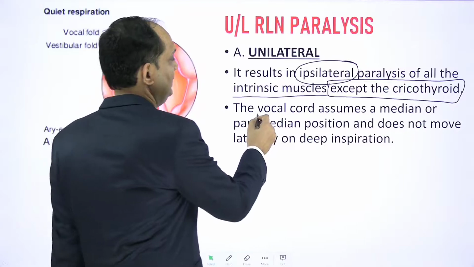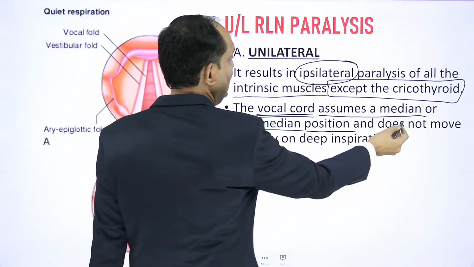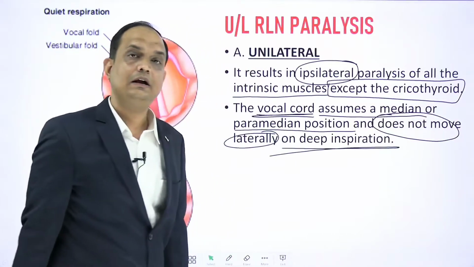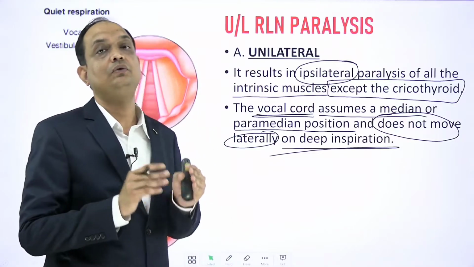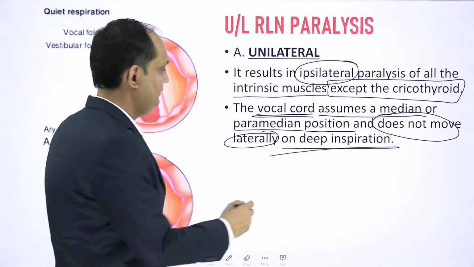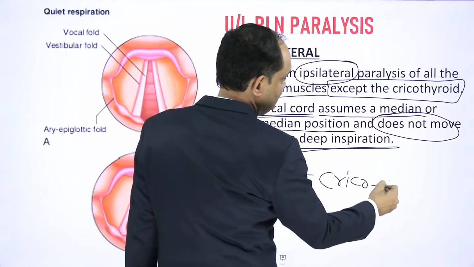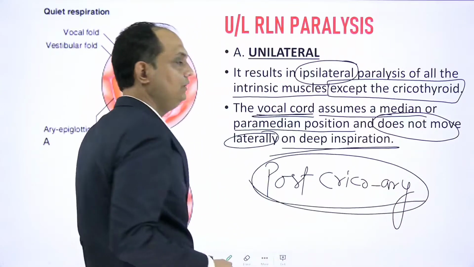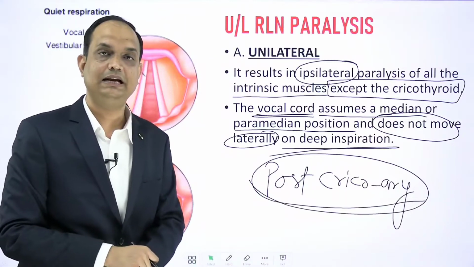The vocal cord of the paralyzed side assumes a median or paramedian position and does not move laterally on deep inspiration. Now why will it not move laterally? The lateral movement of the vocal cord is caused by the posterior cricoarytenoid, and we know that the posterior cricoarytenoid is the only abductor which is responsible for the opening of the glottis, and it is also supplied by the recurrent laryngeal nerve.